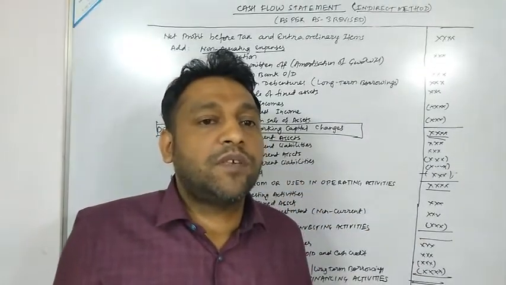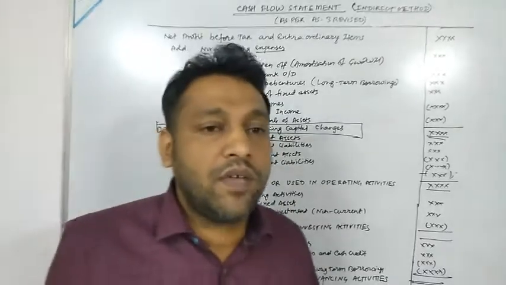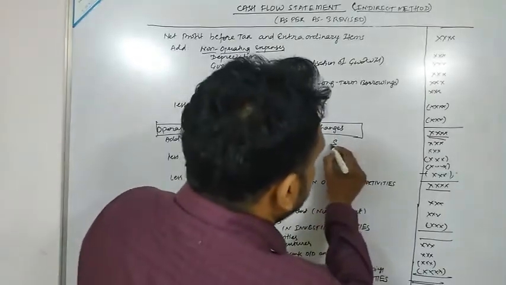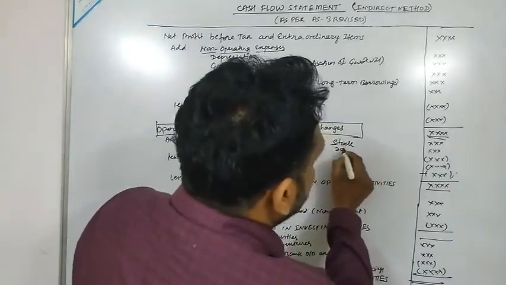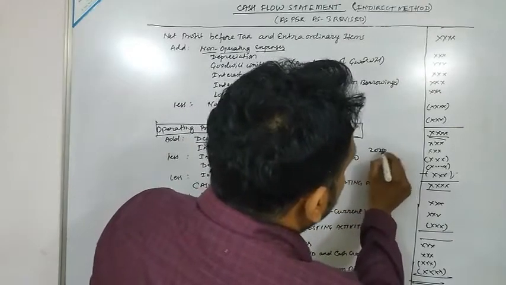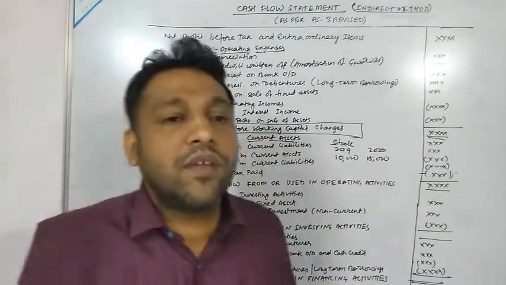Okay, whenever, for example, suppose the value of stock is given as 10,000 in 2019, and then in 2020 it has been given as 15,000. That means there has been an increase in stock. So increase in stock means what?